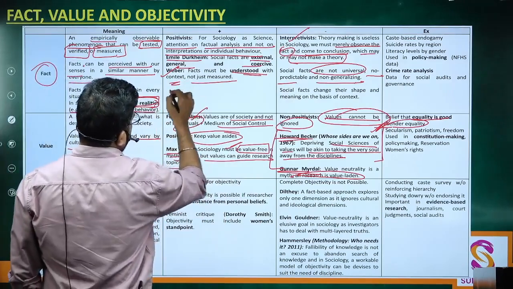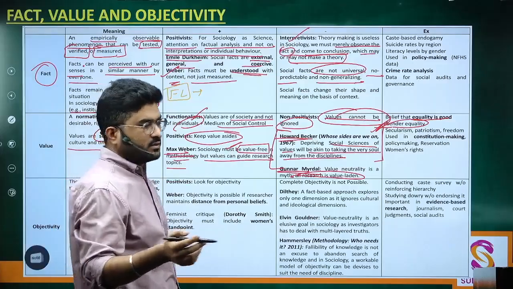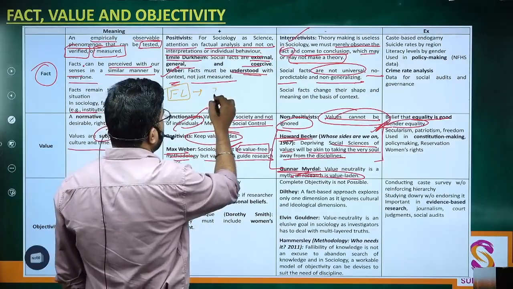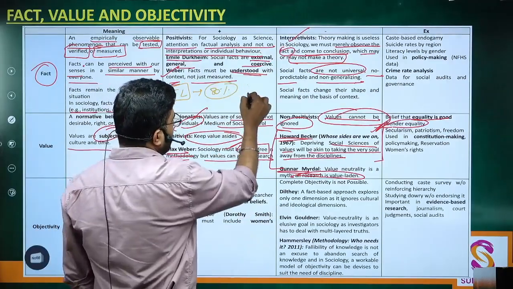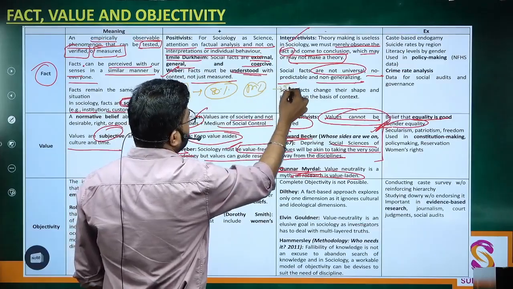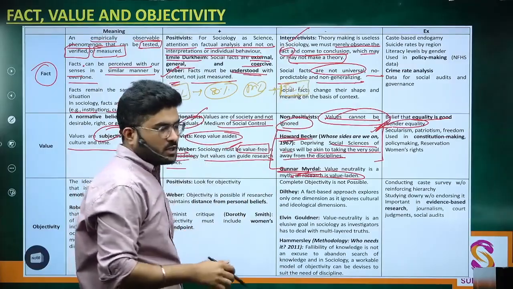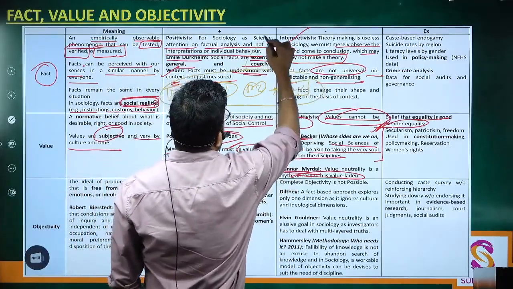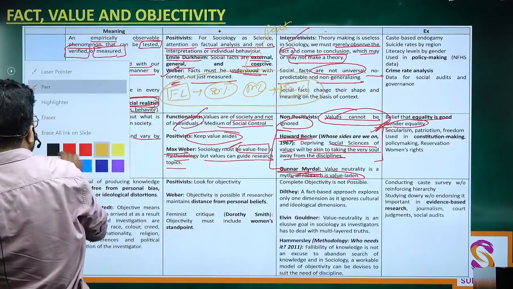Suppose the female literacy rate is 80%. So the fact will be that the female literacy rate is 80%, and the male literacy rate is 92%. Suppose it's a hypothetical situation. So this is fact. Whatever we have written here is nothing but fact. But what can be the value?